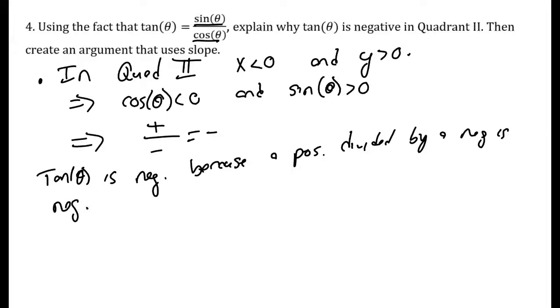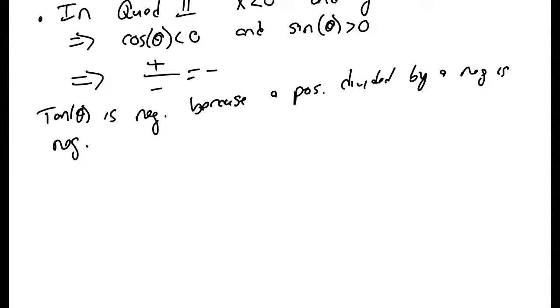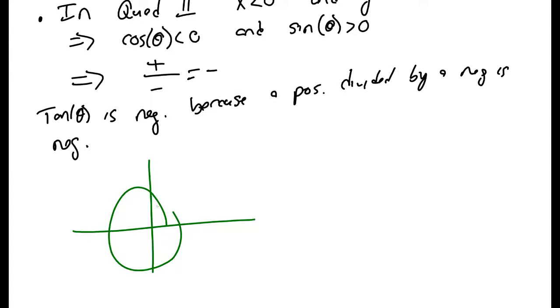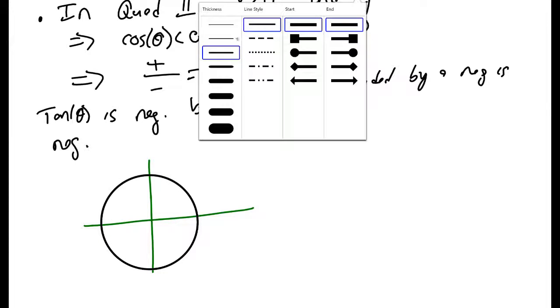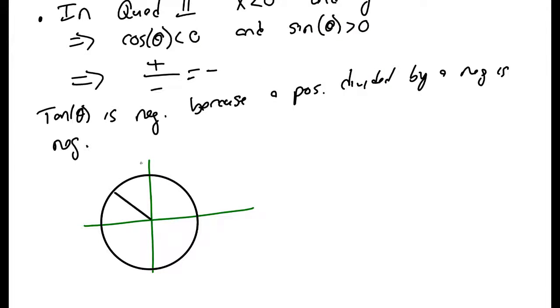Using slope, we have to remember that the tangent of theta is the slope of the terminal ray. If I have a terminal ray in quadrant 2, what does that look like? Well, my ray looks like that. Any ray that I make in quadrant 2 is always going to have a negative slope.